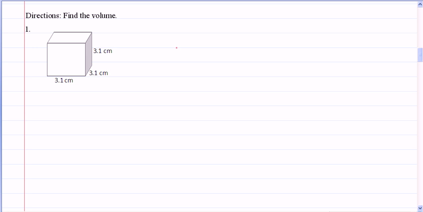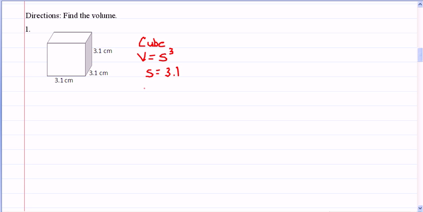So the directions are to find the volume. And for each of these problems, I will solve them the same way. The first thing I do is I identify the figure. For this one we have a cube, because all of the sides are equal to 3.1. Next I write the formula. Volume of a cube is equal to s cubed. And then the variable in the formula is only s, so I identify s as being 3.1.